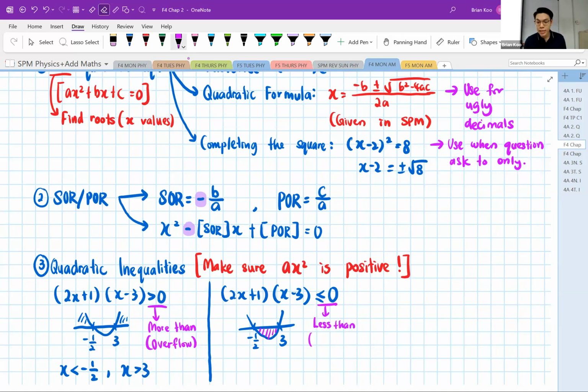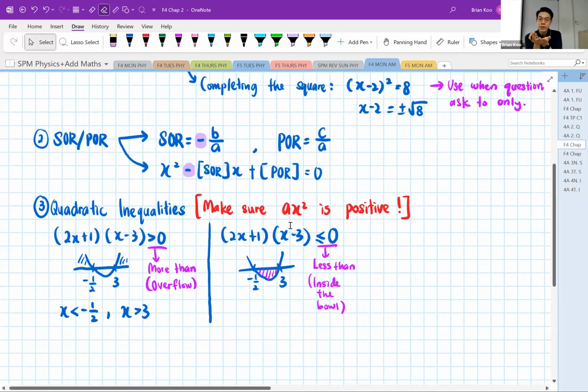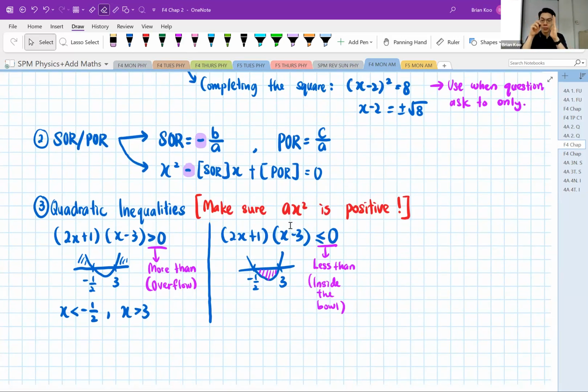Less than I normally say inside the bowl. Your bowl of soup is still in there, never overflow. So the graph tells you where's your answer. Look at where you shade. You started shading from -1/2 to 3. This is how you write it out in English.